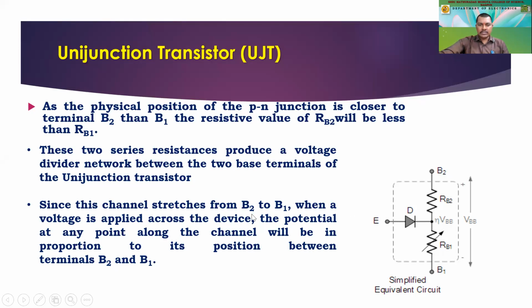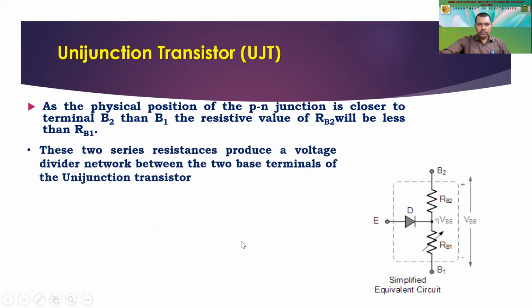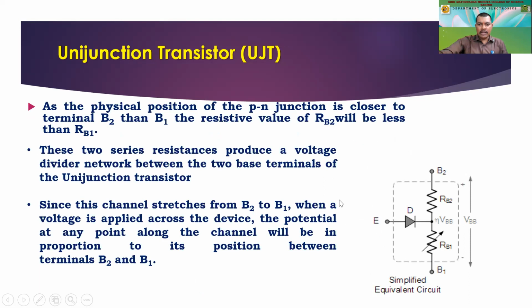So this channel stretches from B2 to B1. It means the channel which is over there, which I've shown here. This blue line is showing you the channel, and this channel stretches from B2 to B1. So the resistance across it varies accordingly, and we will have different potentials over there.